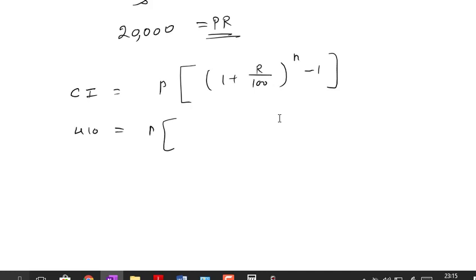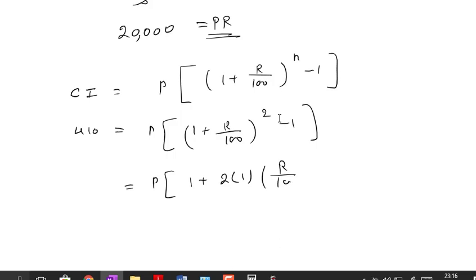Now here inside the bracket I will open it. So this is 1 plus R upon 100, here the power is 2, minus 1. So this is P into 1 plus, now (a plus b) the whole square is a square plus 2ab plus b square. So the square of 1 is 1, plus 2 into a, which is 1, and b is R upon 100, plus b square which is R upon 100 the whole square, and then we have minus 1.